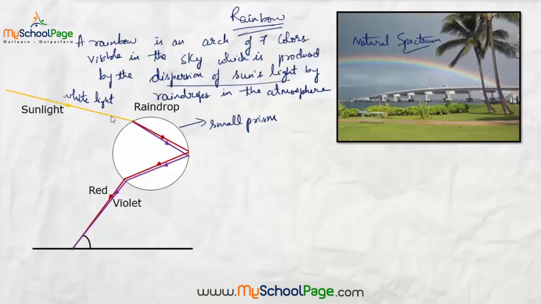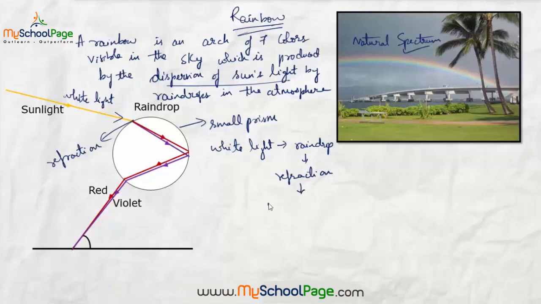So what happens here? As the white light enters into the raindrop, it undergoes refraction, and then it undergoes dispersion.